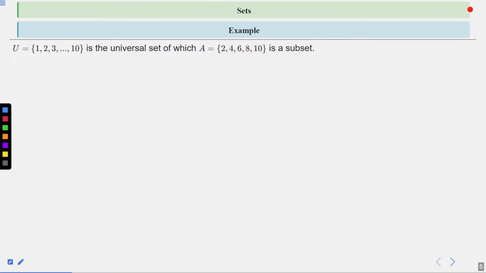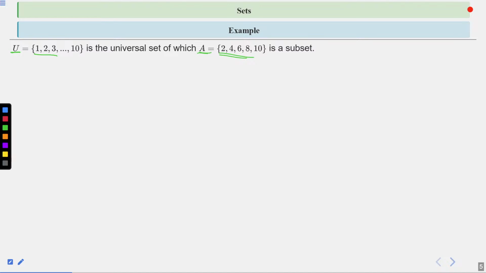see this example. So we are describing our universal set with 10 elements, 1, 2, 3 till 10, meaning first 10 natural numbers. Then its subset, here collection of all even numbers less than or equal to 10. Simple.